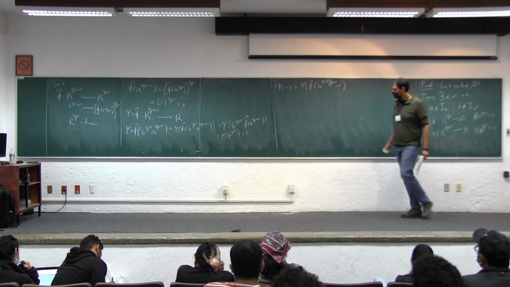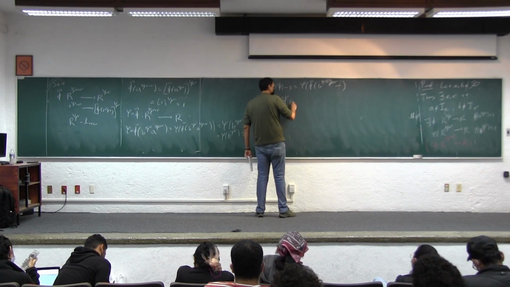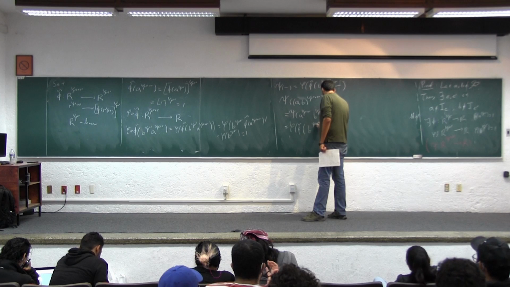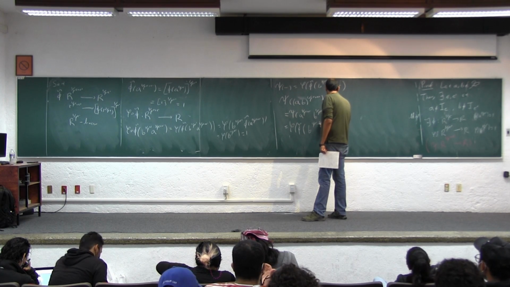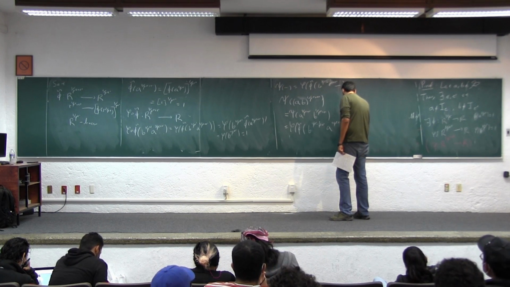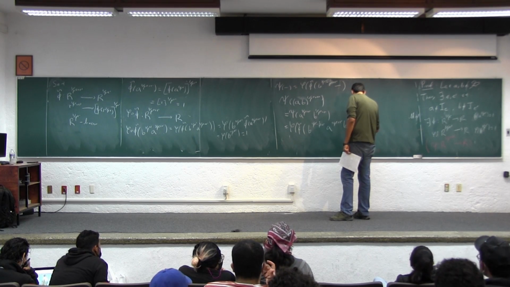Okay? So what happens now? If I take FC and evaluate this in A to the 1 over A times B 1 over P to the E plus E prime, this is going to be the same as FC of A 1 over P to the E plus E prime, B 1 over P to the E plus E prime, which is equal to phi bar phi tilde of B 1 over P to the E minus prime 1 over P to the E plus E prime times A 1 over P to the E plus E prime times B 1 over P to the E plus E prime.